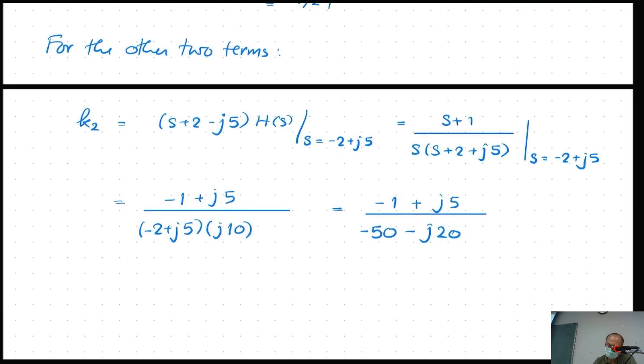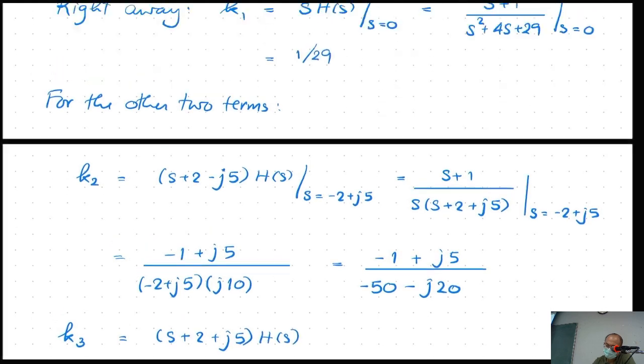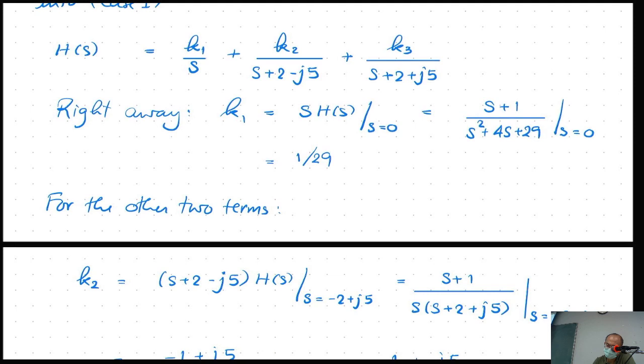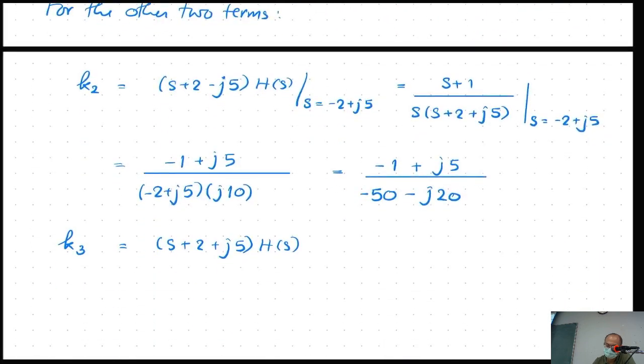And as for K3, we have S plus 2 plus j5 times H(S), because K3 corresponds to S plus 2 plus j5. So we have to multiply this guy to H(S), and then we plug in the pole, which is the third pole, minus 2 minus j5, into the result.